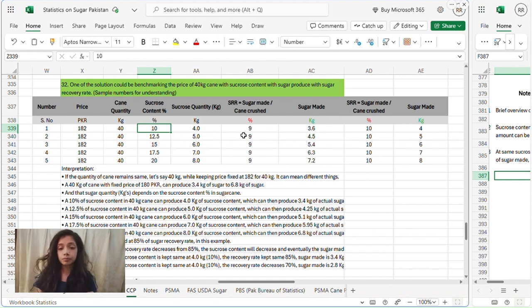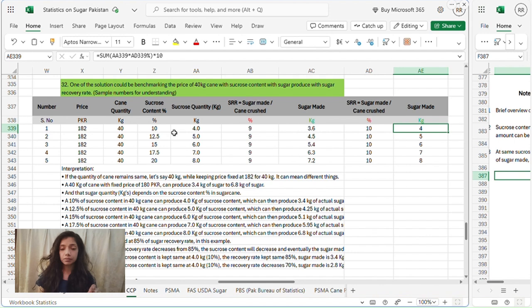When you try to make the sugar, and the sugar recovery rate is 9%, with all that data intact, the sugar it is going to make is 3.6 kgs. But if the sugar recovery rate is higher, the sugar is going to be 4 kgs, irrespective of the change in sucrose content.